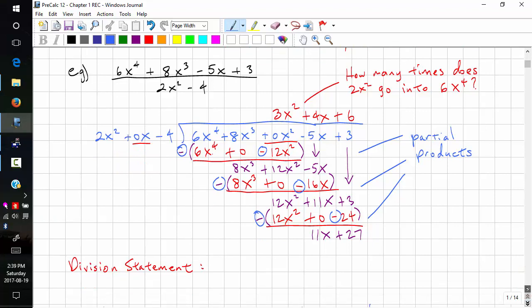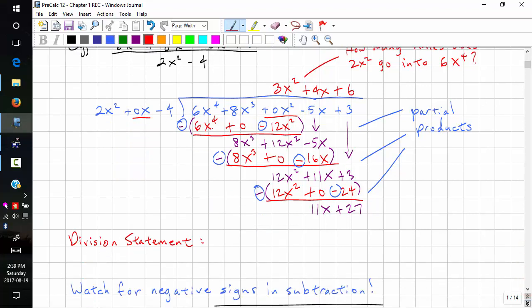Let's write out our division statement. So we write out our dividend, 6x to the fourth plus 8x cubed. We don't have to put the placeholder in, so minus 5x plus 3. And our divisor is 2x squared minus 4.